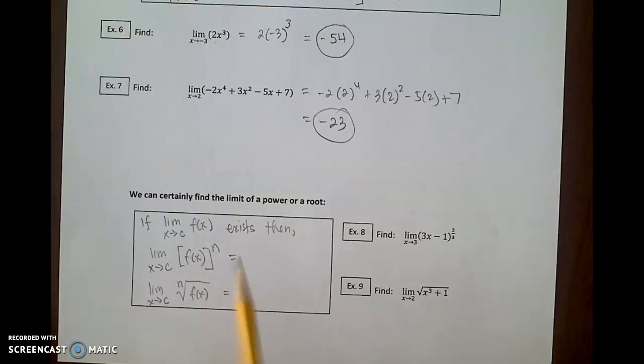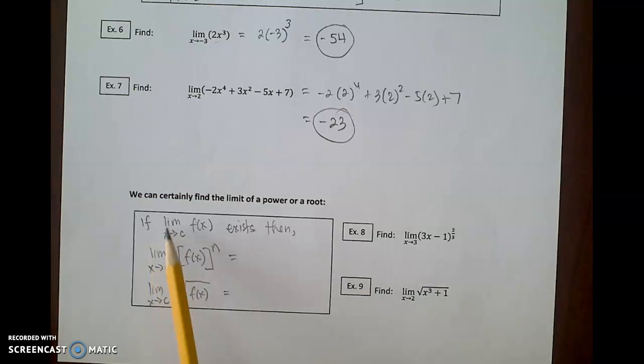Alright, so this last property we're going to go over, we need to make sure that when we're applying these particular properties, that we understand that the limit must exist for these properties to be in play.